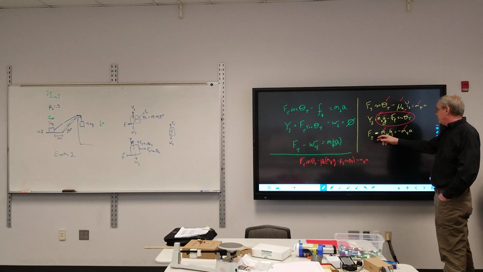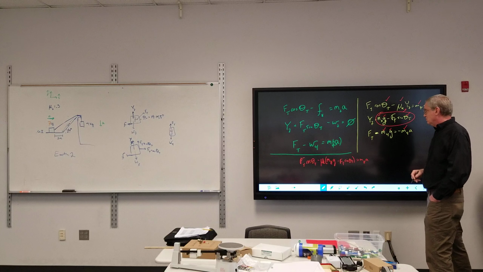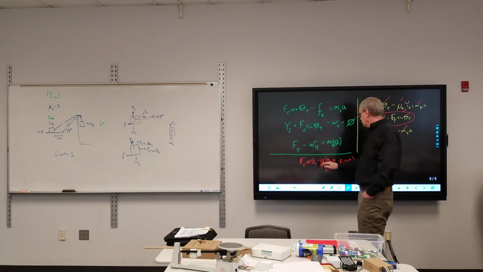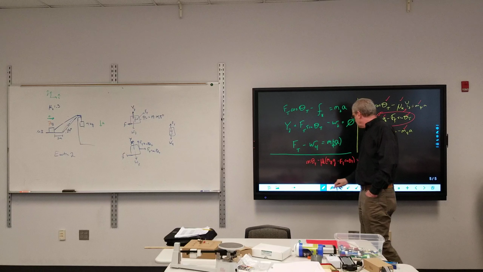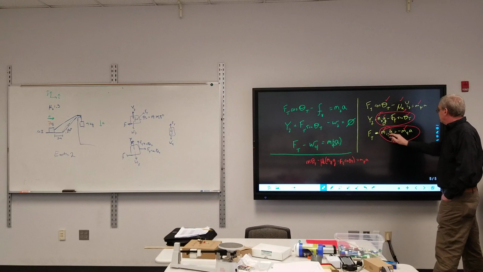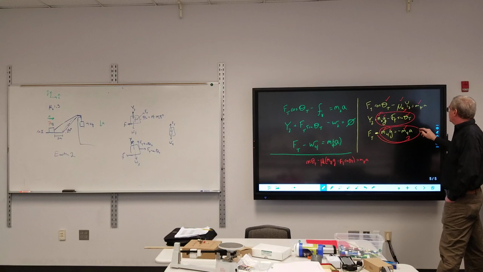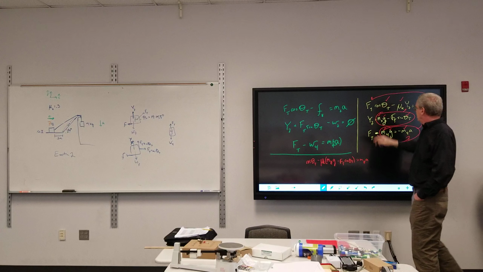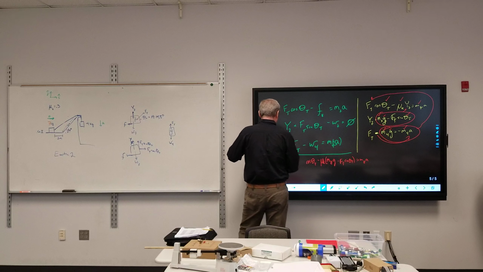Actually, I could solve for FT and plug in that one. Let's go ahead and do that. So I'm gonna take this, bring this over, substitute that in for FT. Oh, easier than I was thinking.